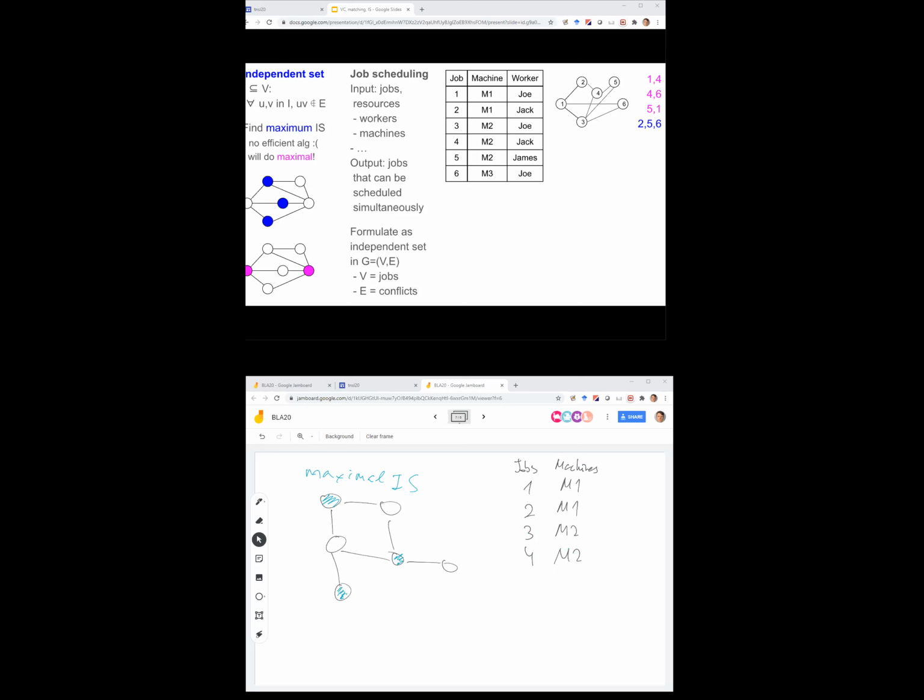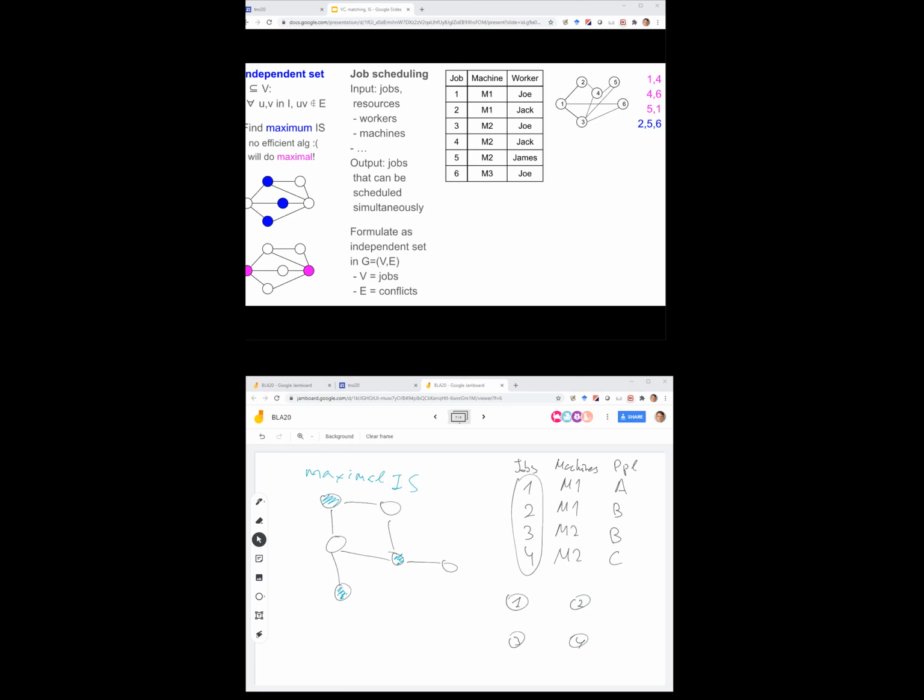Maybe this is executed by workers, A, B, B, and C. So let's find the maximum, or a maximal or a large set of jobs that can be executed simultaneously. We have 4 jobs, so we form a graph on 4 nodes, 1 node per job, 1, 2, 3, 4.